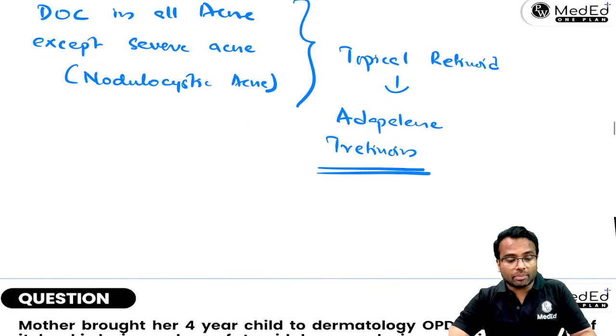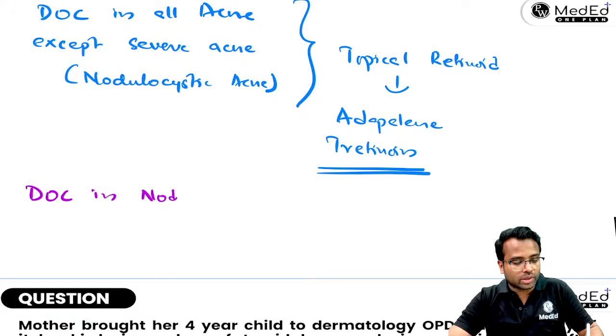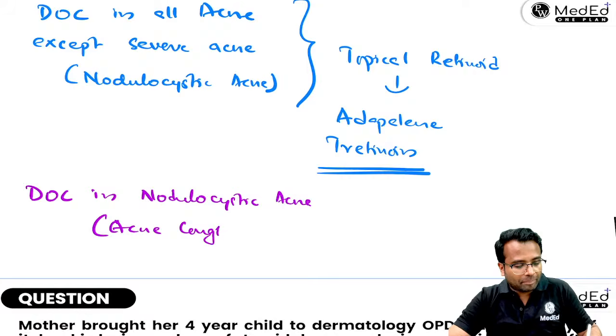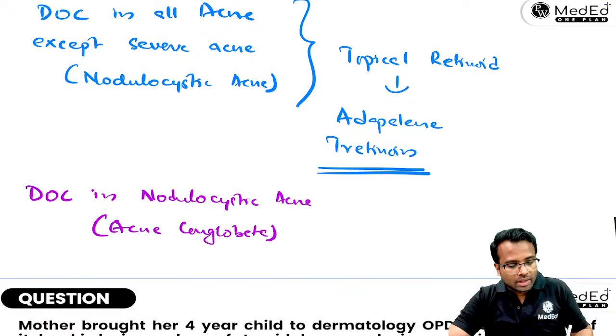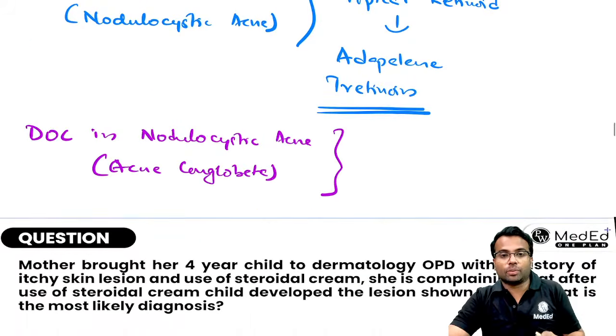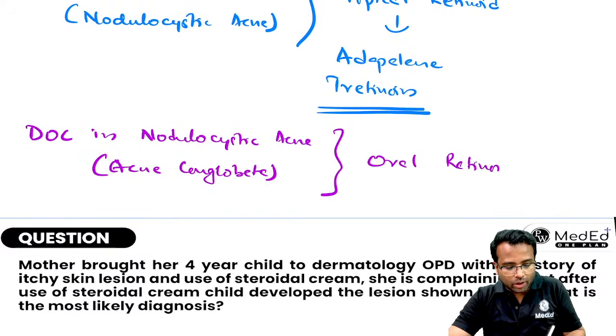But at the same time, if the MCQ was showing some large lesion, so what should be the drug of choice in nodulocystic acne? This nodulocystic acne is a severe acne, also called as acne conglobata. यहाँ पे what is the drug of choice? It should be oral retinoids.